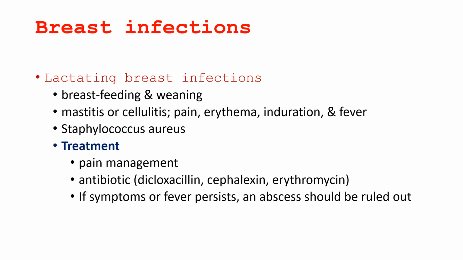In the initial stage of infection, mastitis or cellulitis is typically found with associated pain, erythema, induration, and fever. The incriminated organism is commonly Staphylococcus aureus, and this breast infection can be treated with pain control and antibiotics like dicloxacillin.